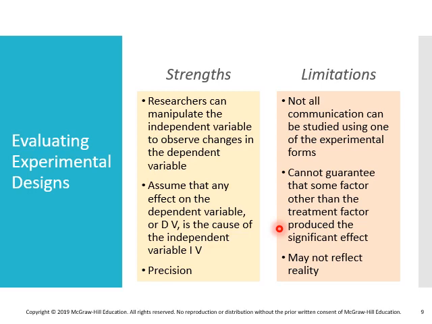So because of those possibilities, there's also a limitation. And as we said, it may not reflect reality because laboratories are pretty artificial, not the real setting that people find themselves in. So based on these limitations, what can we do?